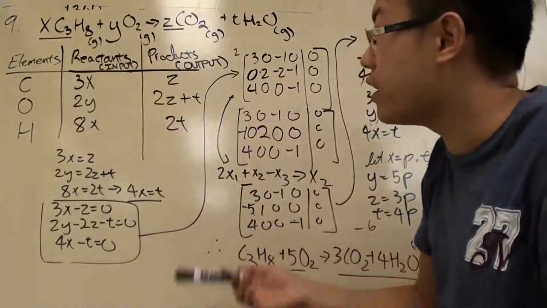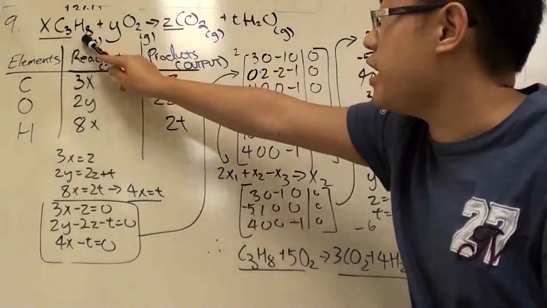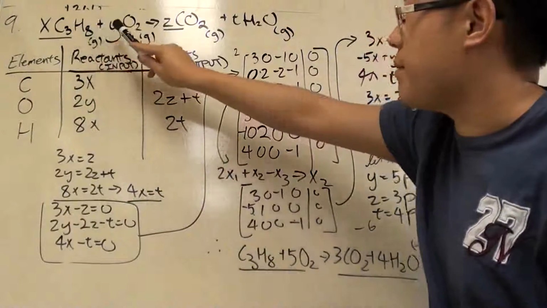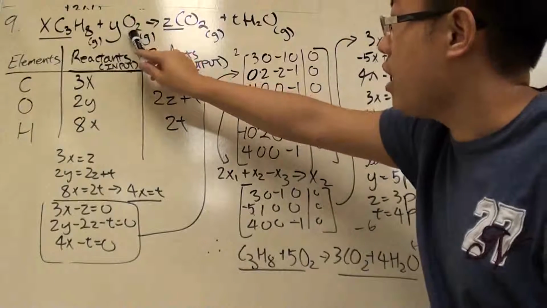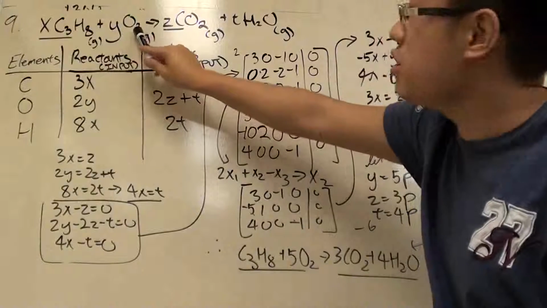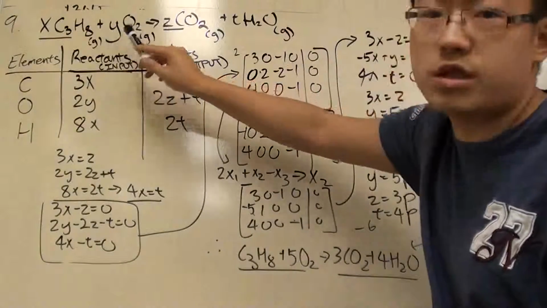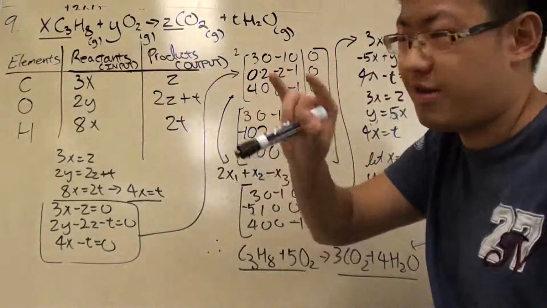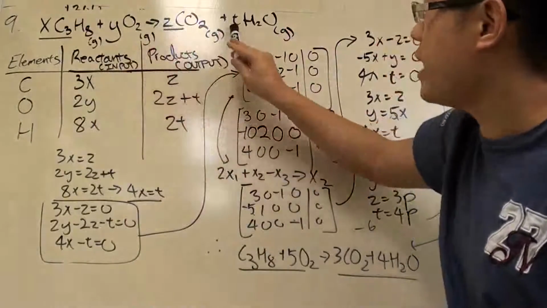I'm going to go over the O's and H's too, just in case. Oxygen: do we see oxygen in C3H8? Not at all, so we skip. There's O2, yes, there is oxygen. That's Y, but remember how many oxygens are there: times 2, right? If Y is 1, there are 2 oxygens, so it's going to be 2Y. Now the right-hand side, the product.